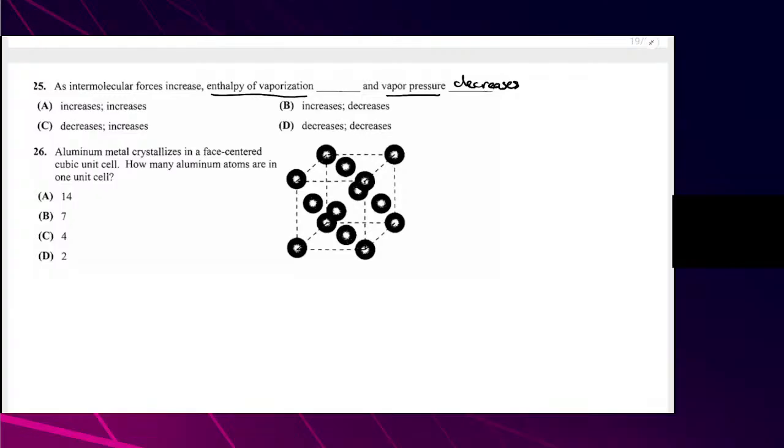And how about the enthalpy of evaporation? It needs much more energy, so it increases. Delta H will be increasing. So the answer will be P. Yes, 25 is P.